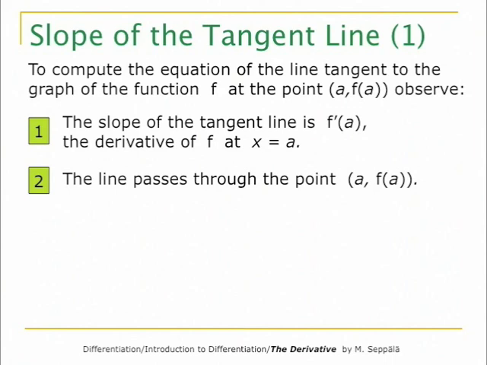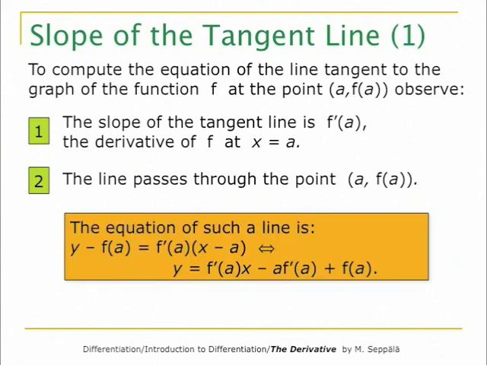Therefore, to compute the equation of the line tangent to the graph of a function f at the point (a, f(a)), one simply observes that the slope is given by the derivative f prime at a, and that the line passes through the point (a, f(a)). The equation of such a line is y minus f of a equals f prime at a times x minus a.